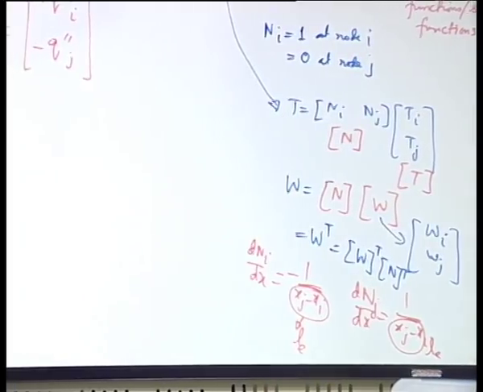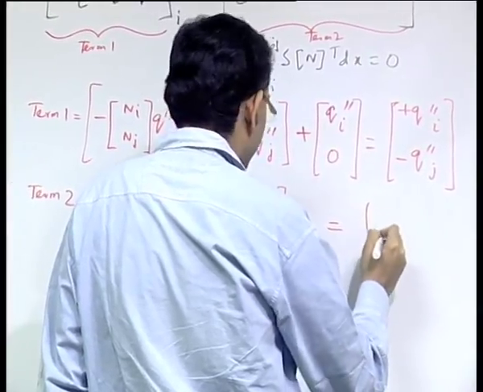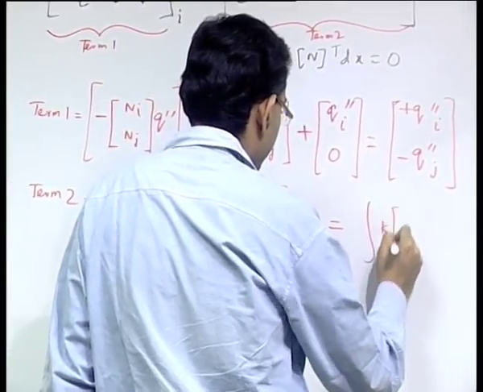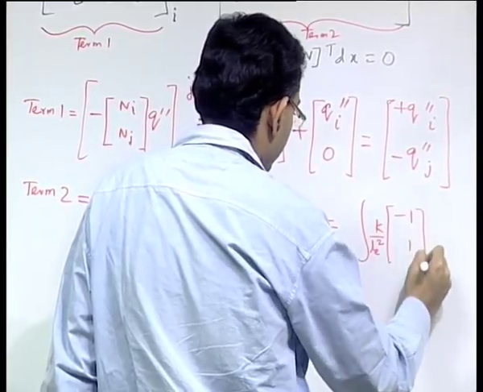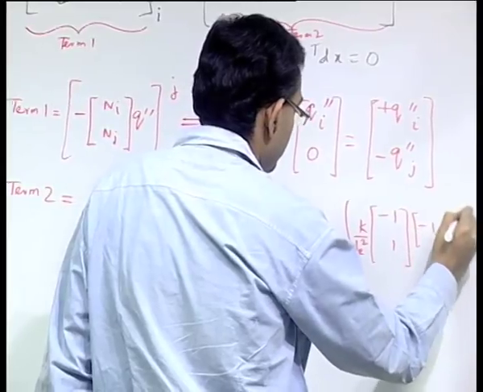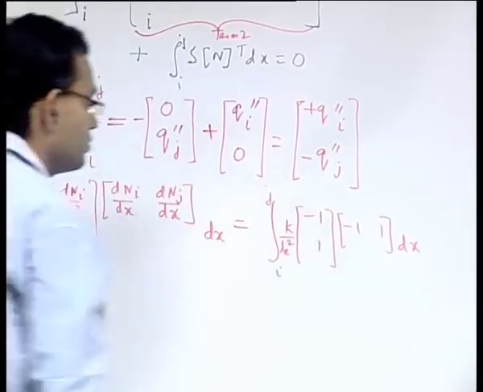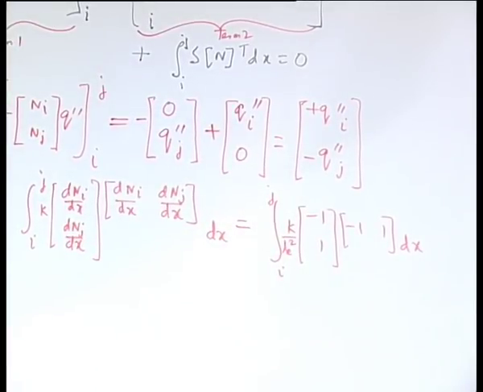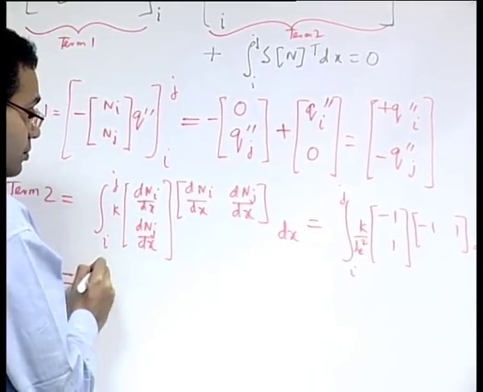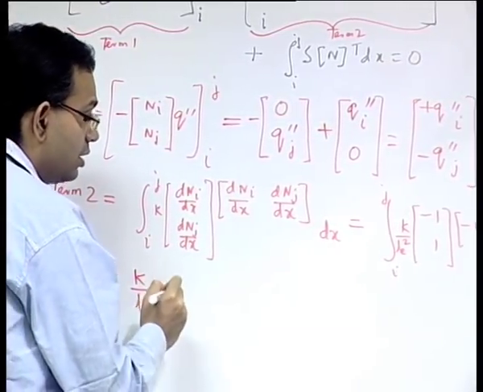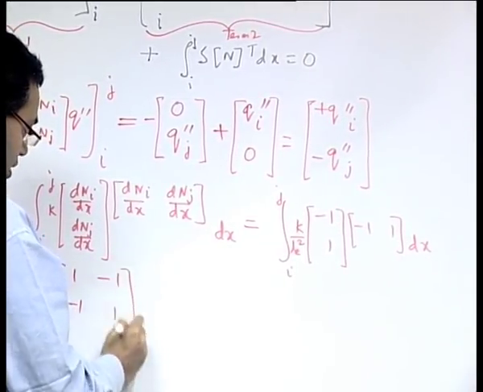So let us consider that for the integration. So this will become k by Le square times the matrix 1 minus 1, minus 1 1.